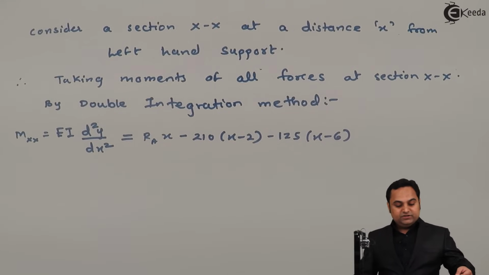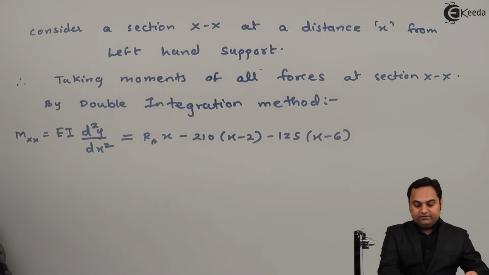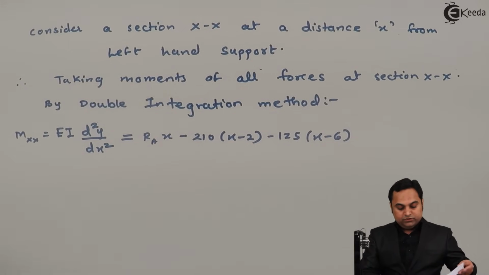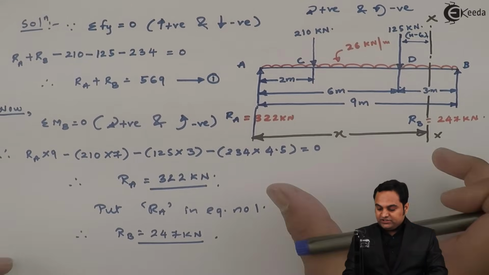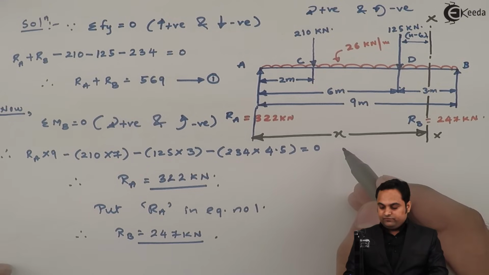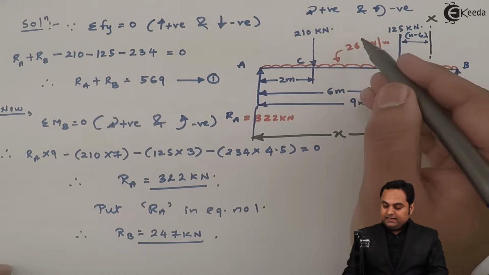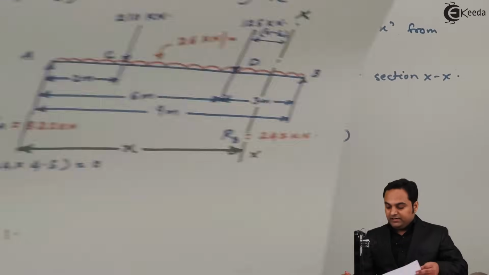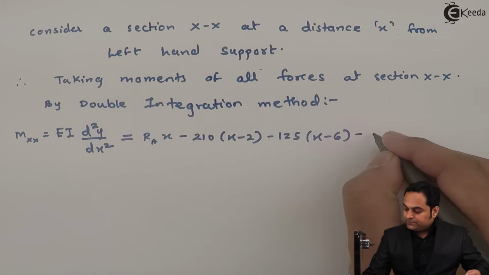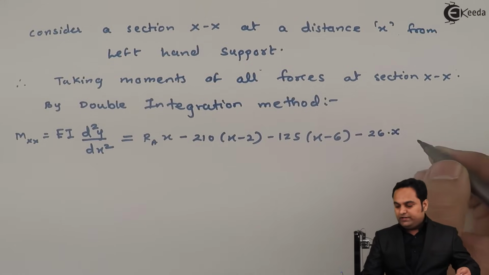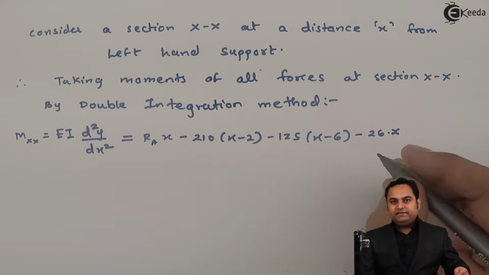The next thing is the UDL, and for that we consider the UDL only up to section X. So the force will be 26 into x, that is the point load, acting at x by 2 distance.